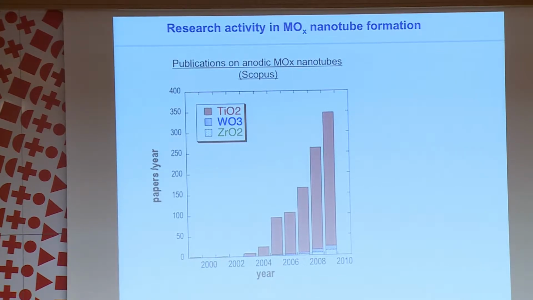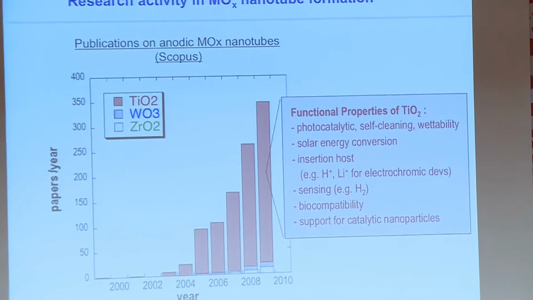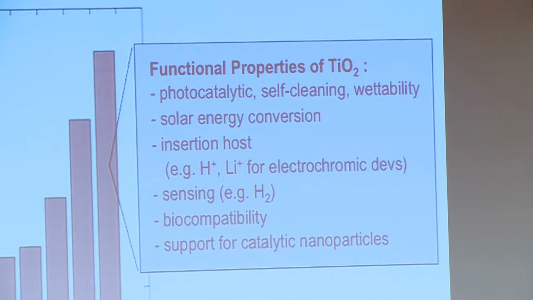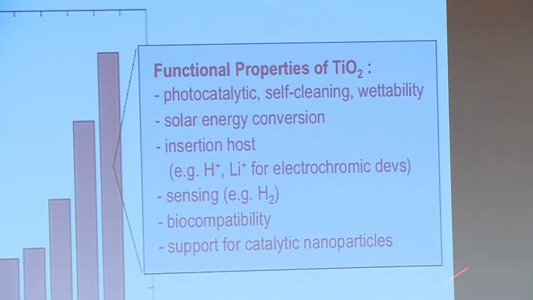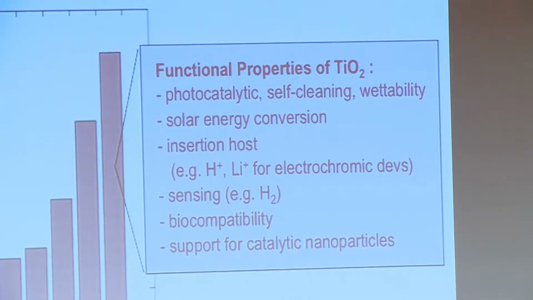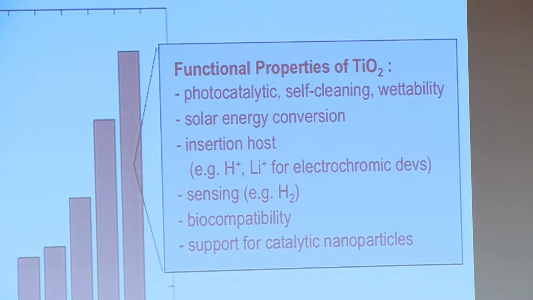The reason for this is, of course, the high functionality of TiO2, as it has various properties that can be exploited, something like photocatalytic properties, solar energy conversion, and so on. I'll speak a little bit more about the different properties of titanium dioxide in just a moment.